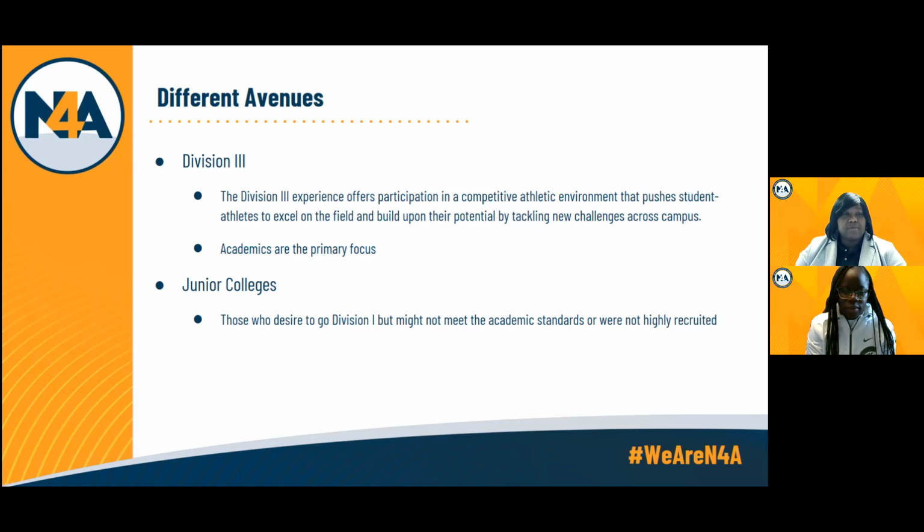It's more academic based, and the focus, like I said, is primarily on academics and the student athlete experience. And then you have the option of junior colleges. Those who desire to go to Division I might not necessarily meet all of the academic requirements or the standards that are there. So they will choose to go the junior college route to try to obtain the grades, test scores, and their AA degree, to then look at the Division I institutions for participation.